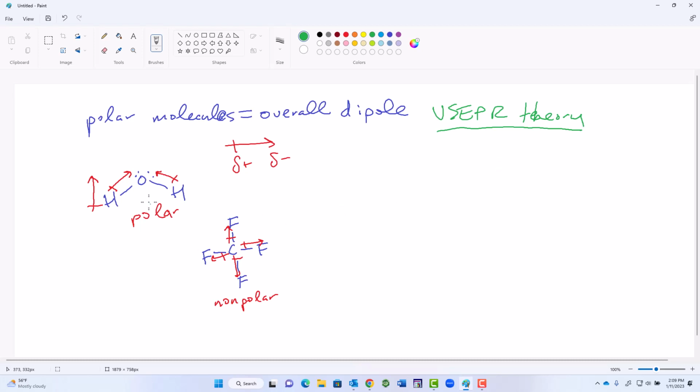So that's why water is not linear. This is why water, in fact, adopts this bent configuration. I would encourage you to review the names of the particular geometries. In our case, we're going to be most interested in the tetrahedral base and the trigonal planar base. Those are going to be our sp3 and sp2 hybridized centers.